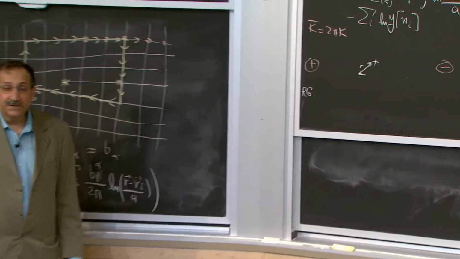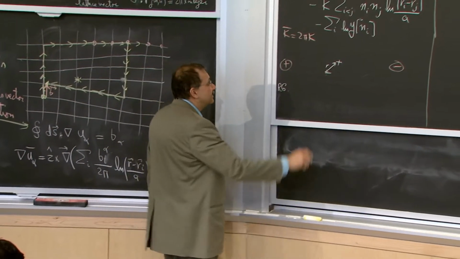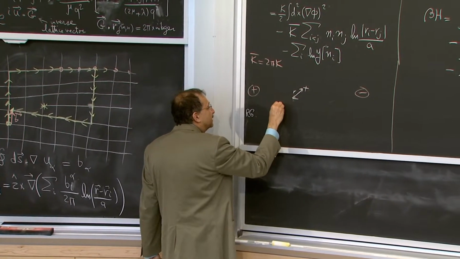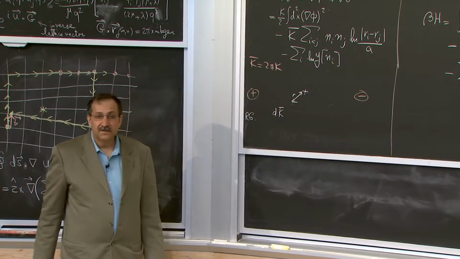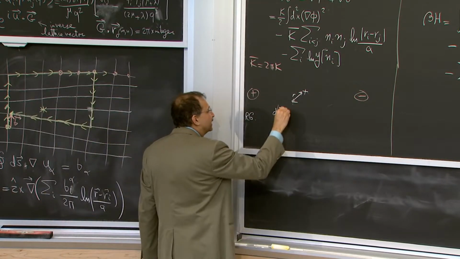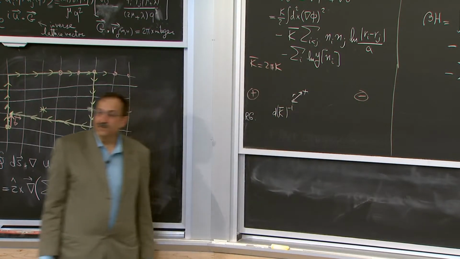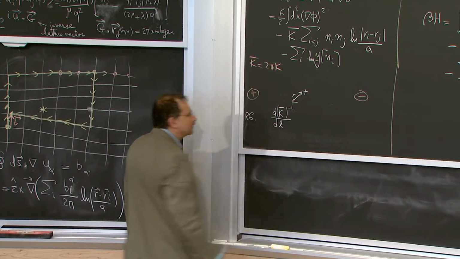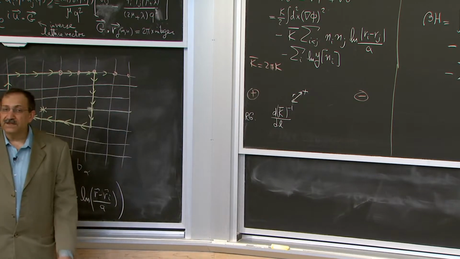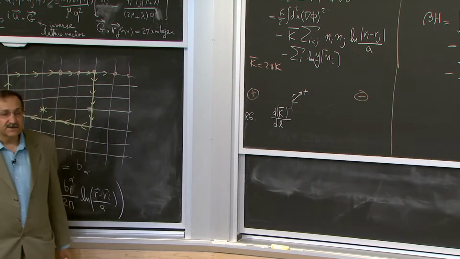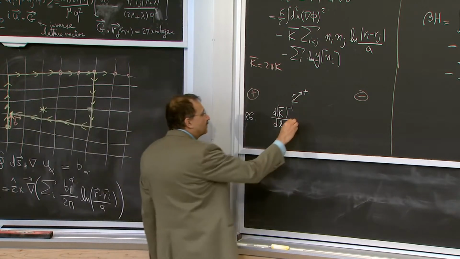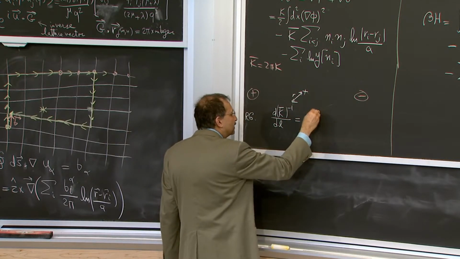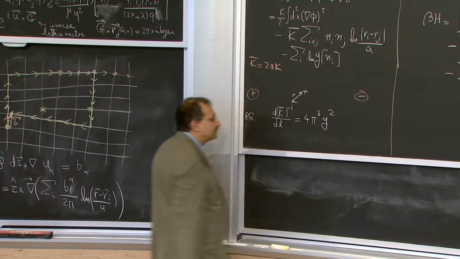And the RG was that the value of this parameter k bar, actually more usefully its inverse that is related to temperature, changed as a function of integrating out short distance degrees of freedom by something like 4 pi, I think it was 4 pi cubed, it doesn't matter, y squared.